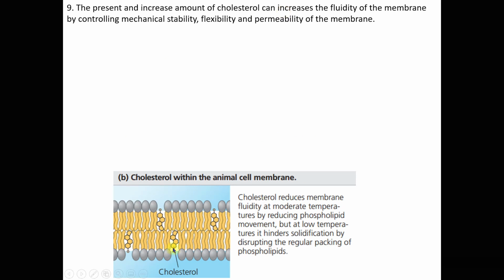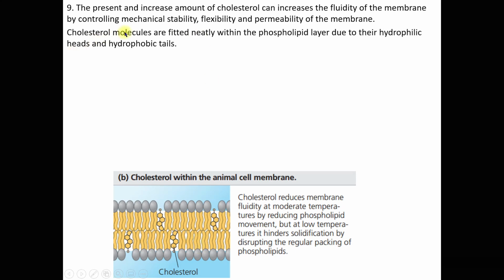So meaning to say, right, in your plasma membrane ada cholesterol, right? So cholesterol molecules are fitted neatly within the phospholipid layer. You can see how this cholesterol is being fitted neatly within the phospholipid layer, due to their hydrophilic heads and hydrophobic tails.